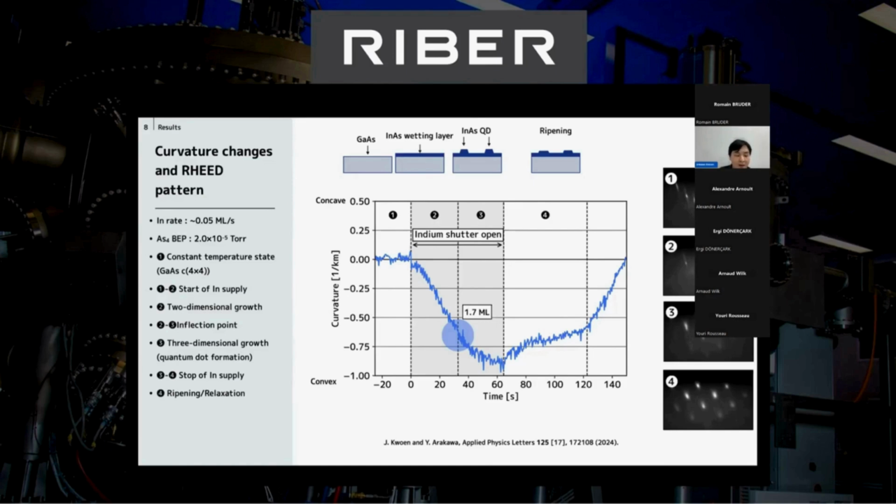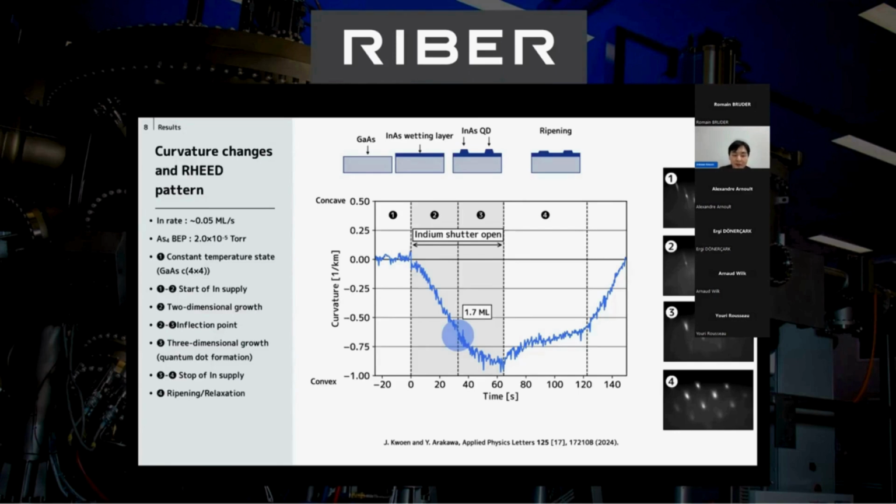As indium arsenide growth progresses and the total deposition reaches approximately 1.7 monolayers, the curvature continues to decrease. However, the rate of decrease, the slope, slows down, suggesting a reduction in curvature change due to indium arsenide growth.